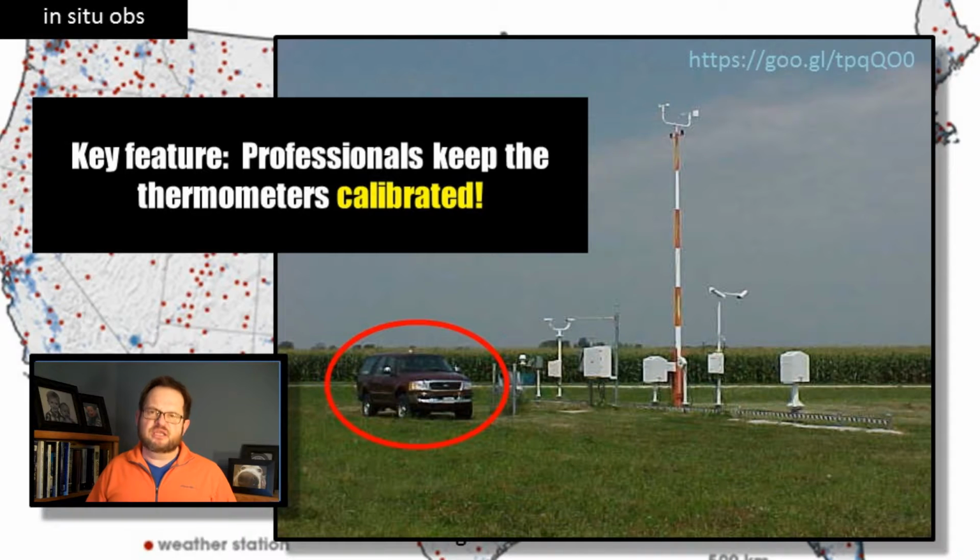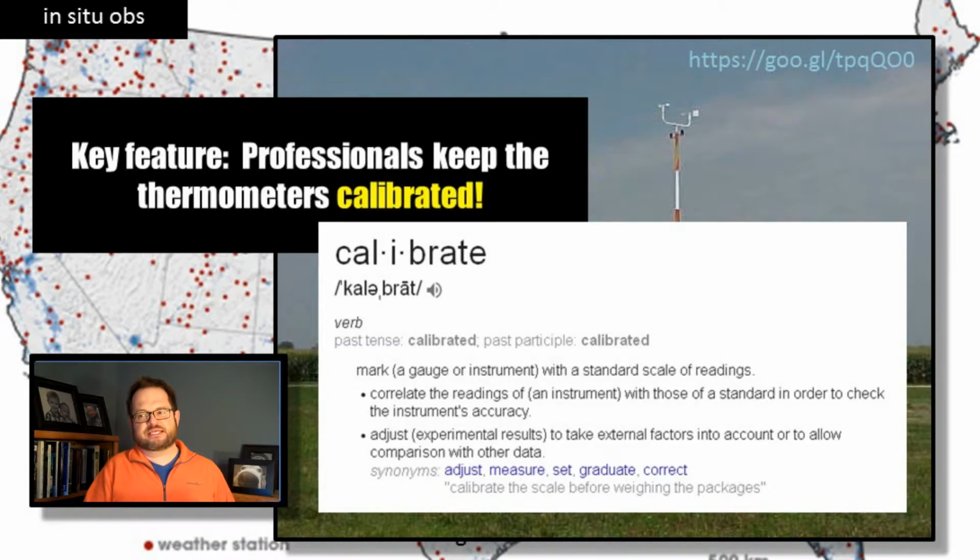and that they are calibrated. Just in case this word calibrate is something that you only have an intuitive sense of, you didn't know a dictionary definition of the word, just to pull out a card here from Google, I like how calibrating is correlating the readings of an instrument with those of a standard in order to check the instrument's accuracy.